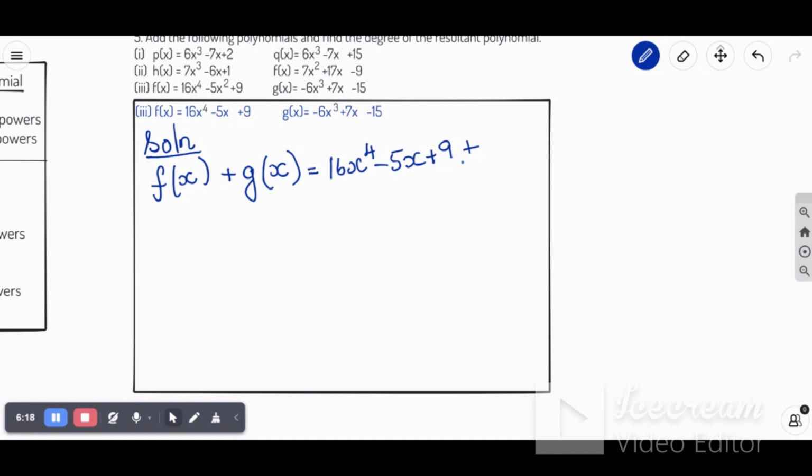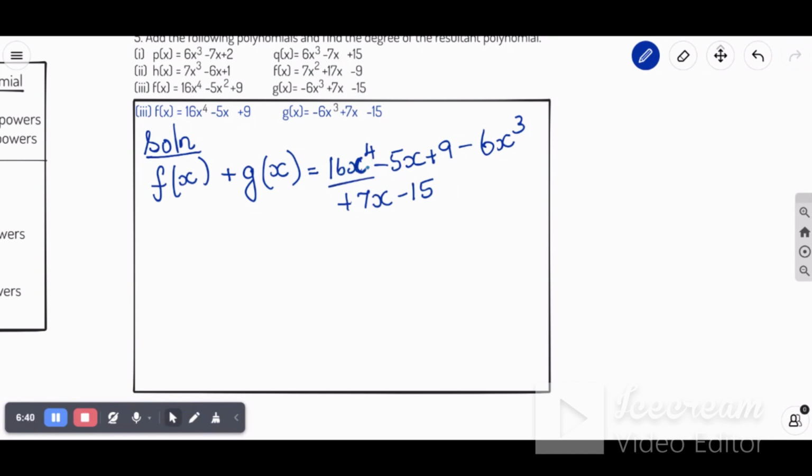So if you want, you can put brackets or you can directly put your minus 6x square as such, because you are going to add minus 6x cube plus 7x minus 15. So now also add only the terms with equal powers together, I mean the coefficients of equal powers.